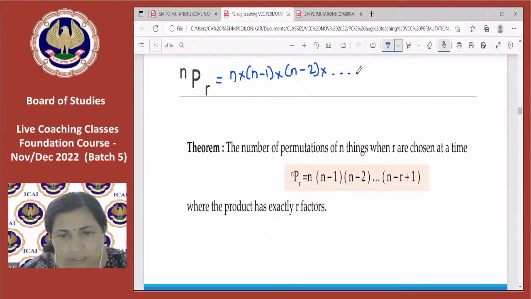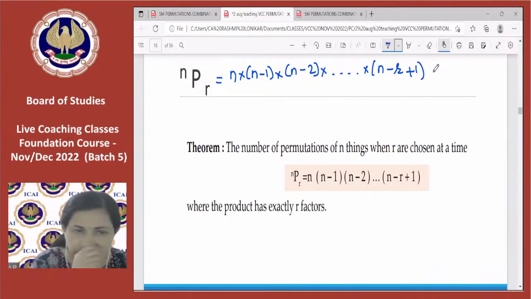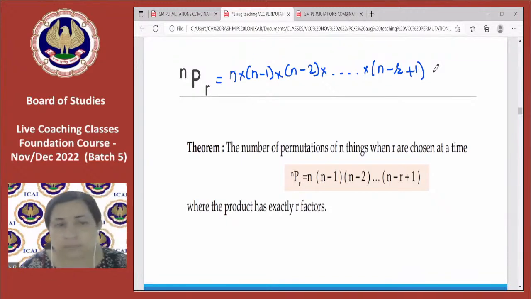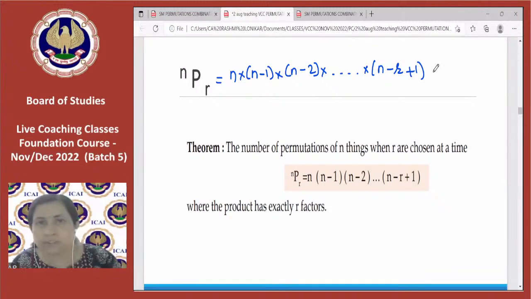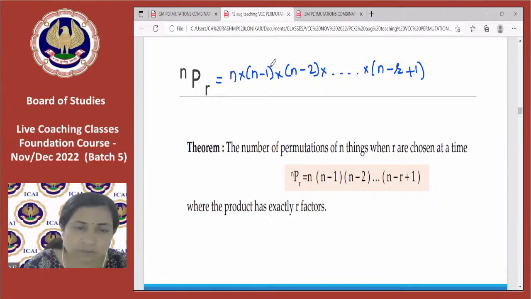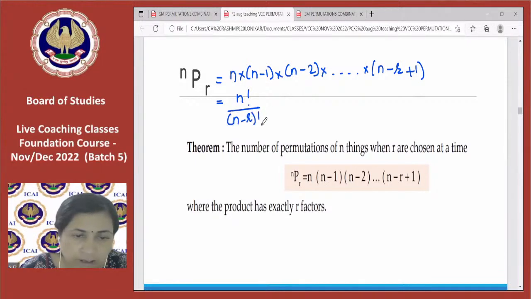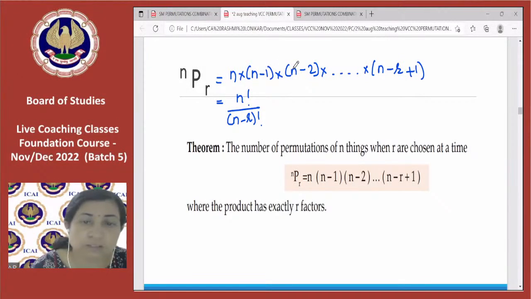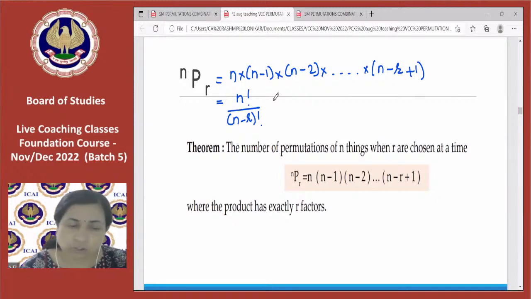Out of n objects, when I am rearranging them and taking r objects, this is the formula. This can also be written as n factorial upon n minus r factorial. You can solve it using either formula. The choice is yours.